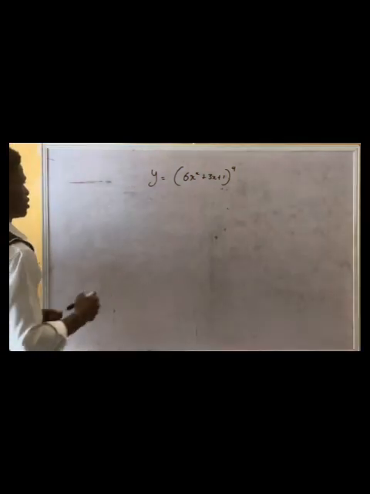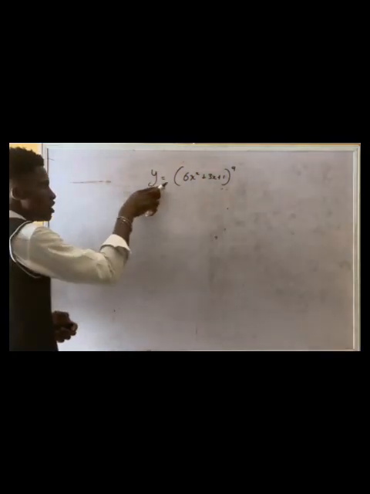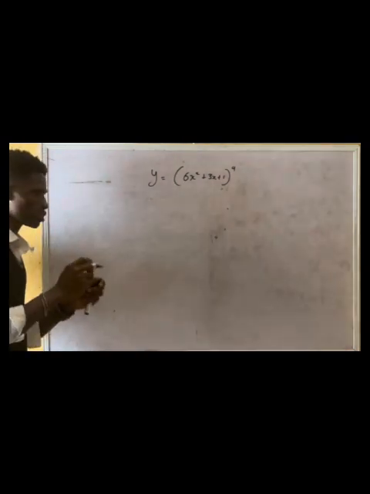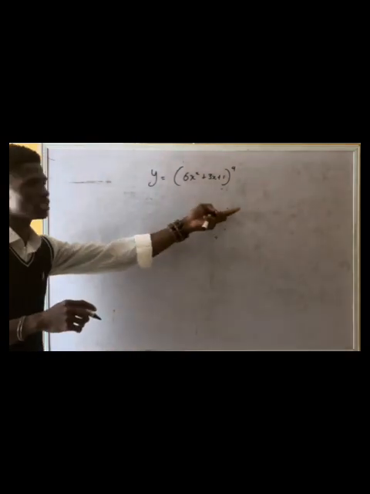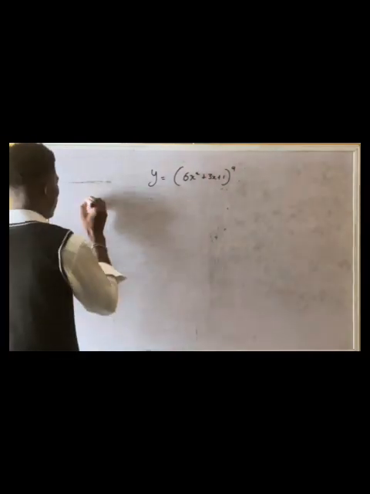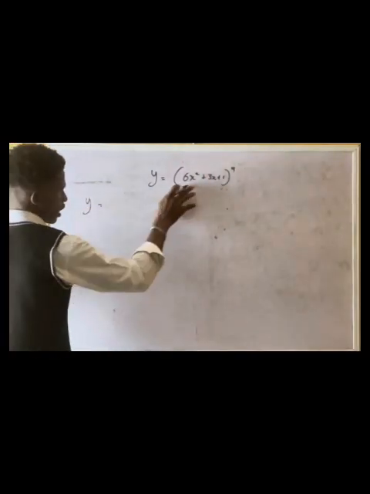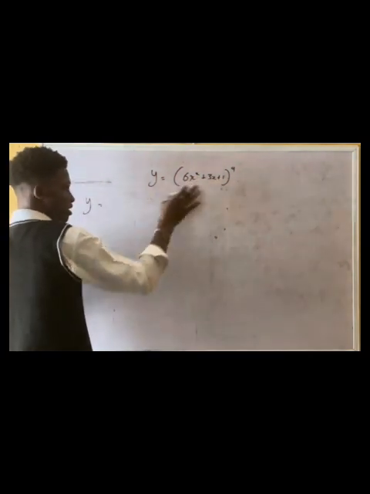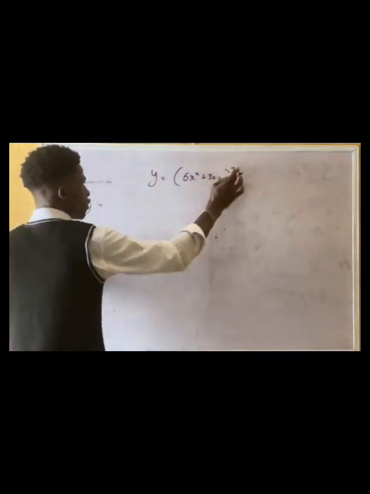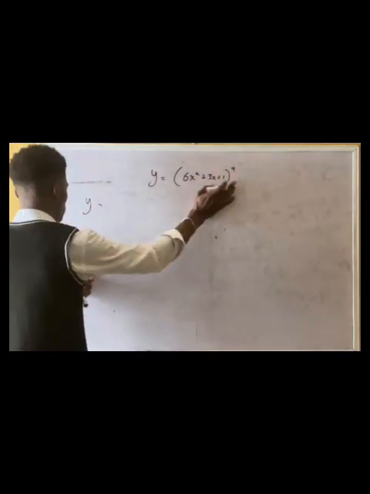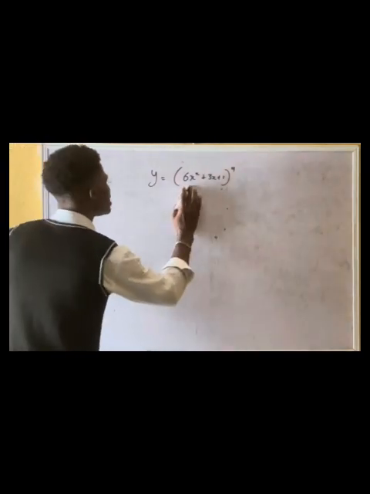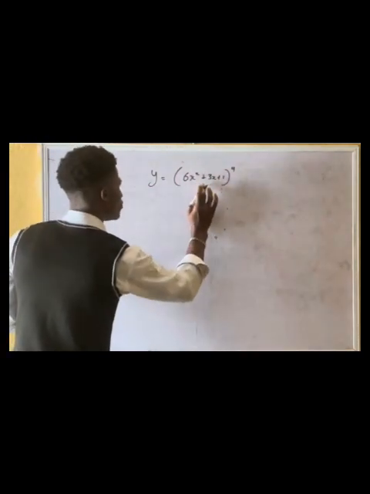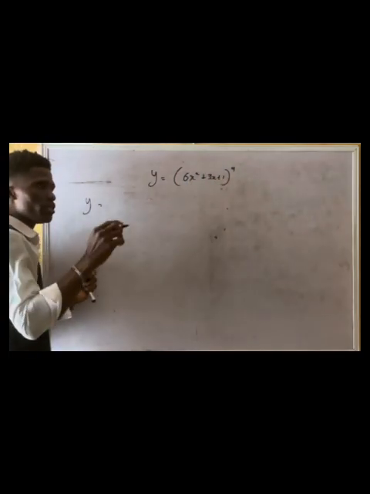So what do you do first? Now, as I told you, the chain rule is called the function of a function, okay? So we have two functions in this particular expression. This particular thing, 6x squared plus 3x plus 1, is a function, while everything raised to the power 9 is another function. So let's assign 6x squared plus 3x plus 1 to a variable.